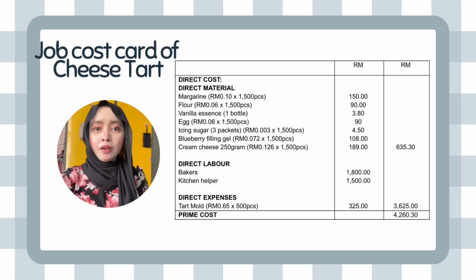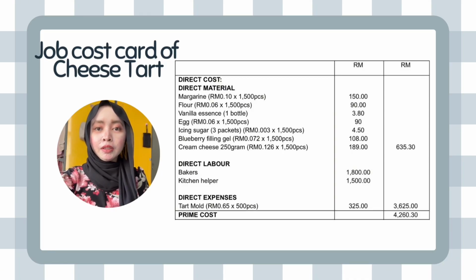Fifth, for icing sugar, it is 0 ringgit and 003 cents per packet multiplied by 1,500 pieces, amounting to 4 ringgit and 50 cents for 3 packets. Sixth, the blueberry filling gel costs 0 ringgit and 072 cents multiplied by 1,500 pieces, which equals 108 ringgit.